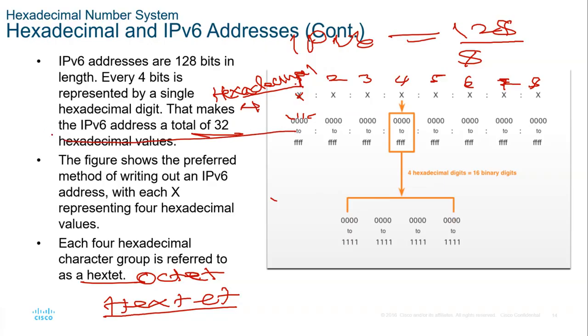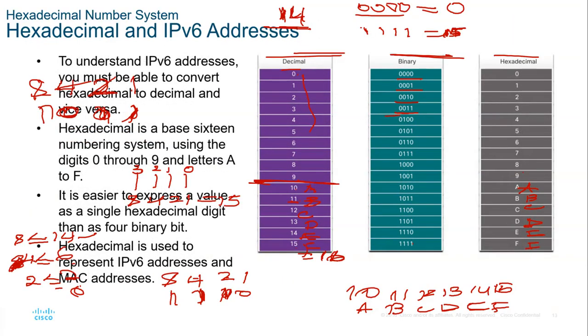Remember this range: it's 0 to 9, then A up to F, or A, B, C, D, E, F. So that is the range, and here it is supposed to be 4. The minimum is 0, 0, the maximum is F, F. And then each hexadecimal here is supposed to have 4 bits, the ones that you saw previously.